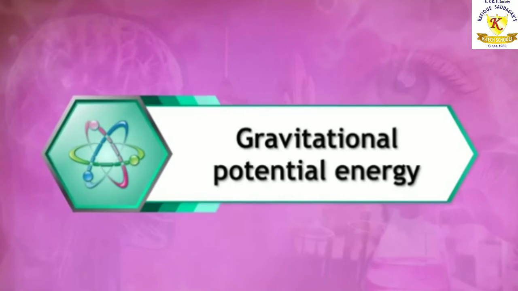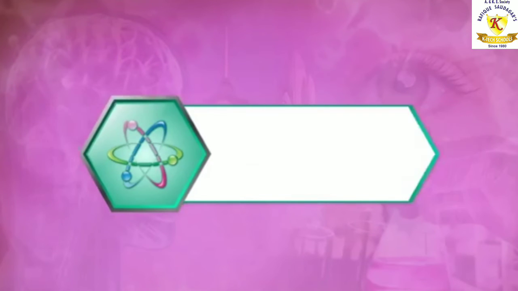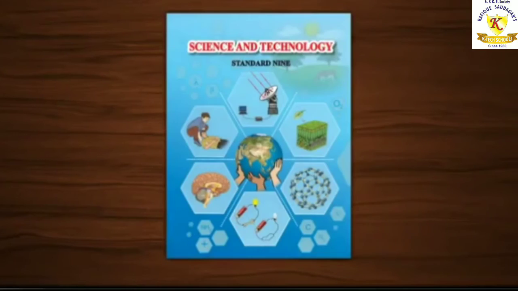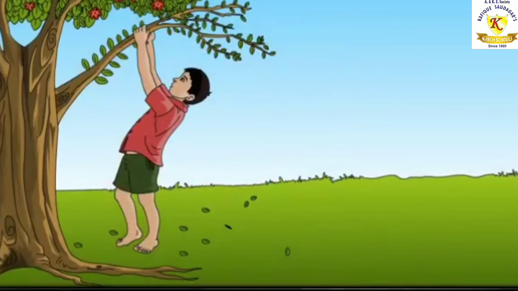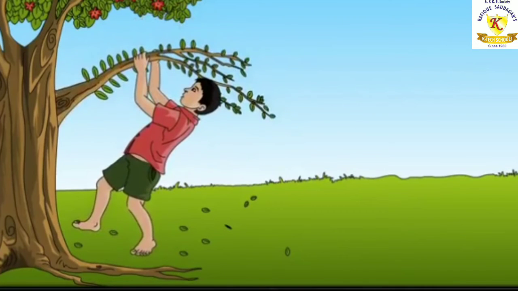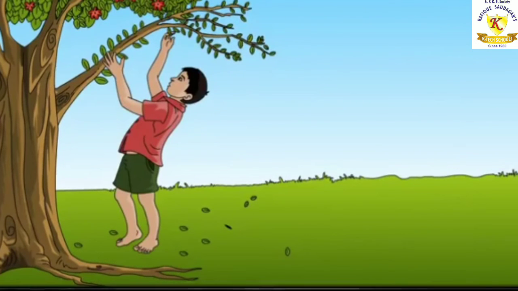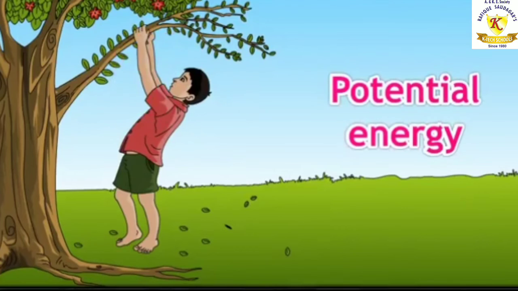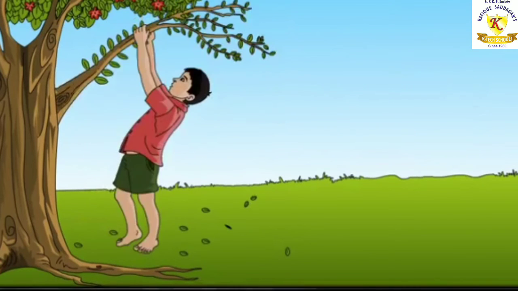Now, let's learn gravitational potential energy. We have studied potential energy in the last standard. The energy stored in an object because of its position or state is called potential energy.